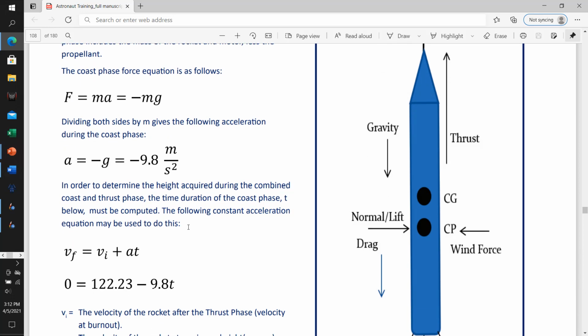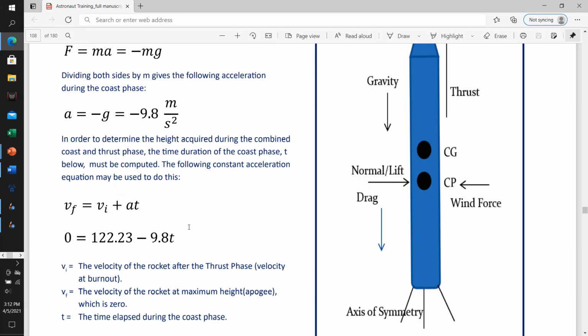Okay, so what we want to compute at this time is the duration of the coast phase, in order to figure out the additional height gained by the rocket during the coast phase. We need to figure out how long it's been traveling during the coast phase. All right, so we're going to use this constant acceleration equation.